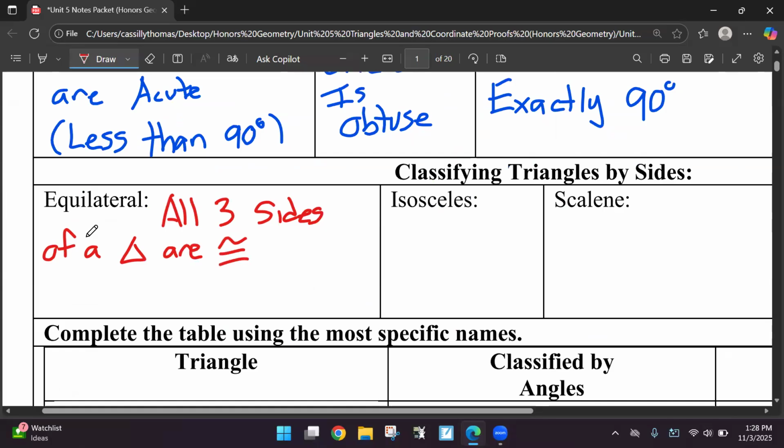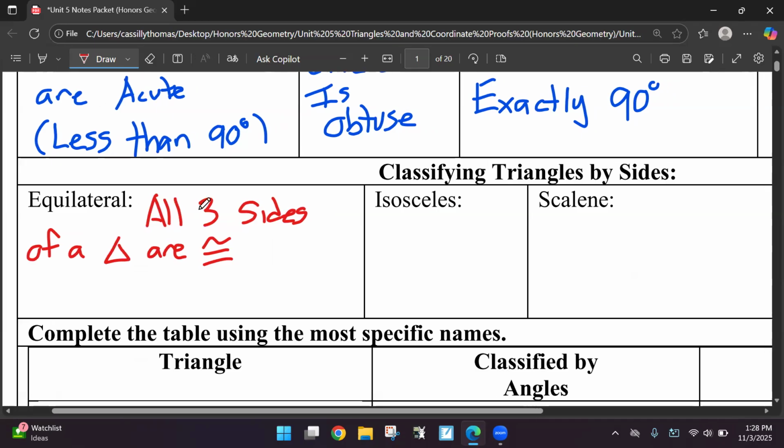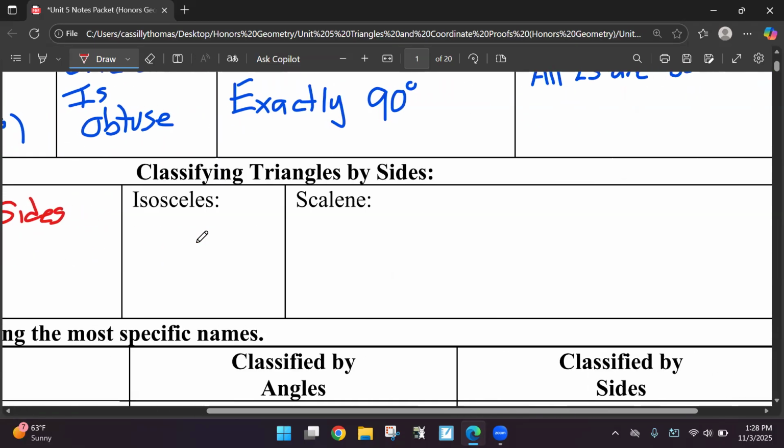One thing I do want to point out is that just because angles in a triangle add up to 180, a lot of people want to say that all the sides add up to 180, and that's not always going to be the case. So angles add up to 180; side lengths, that is not necessarily true.